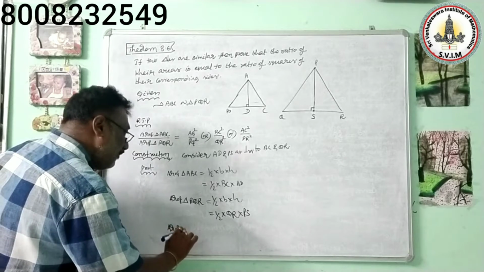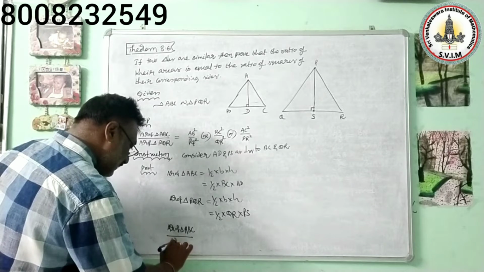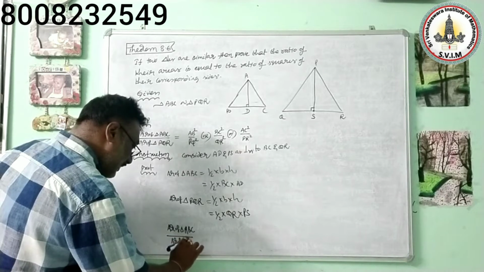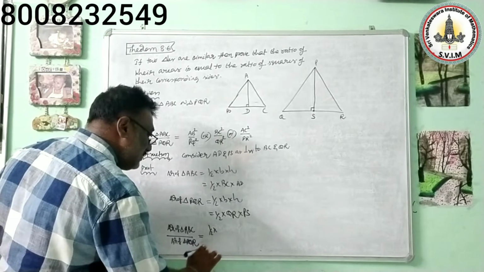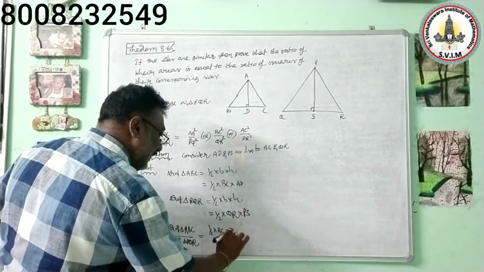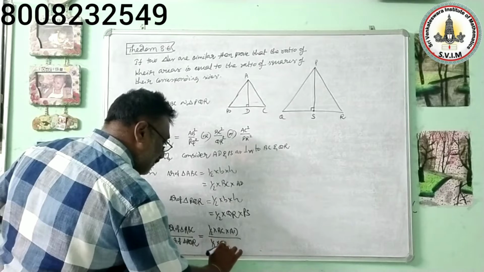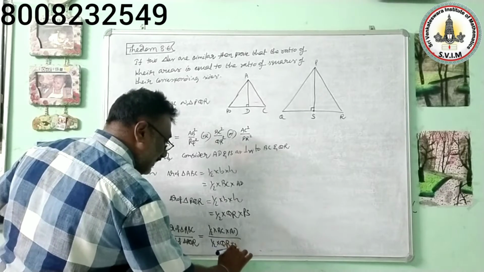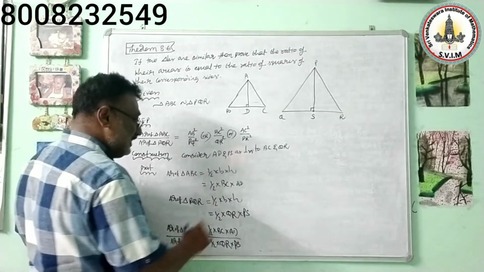So area of triangle ABC by area of triangle PQR is equal to half into BC into AD by half into QR into PS. Here the halves cancel.